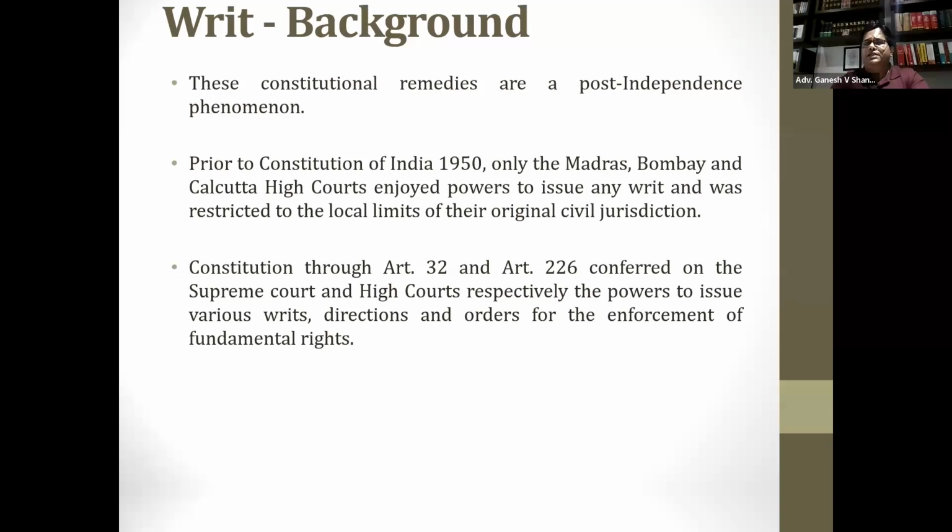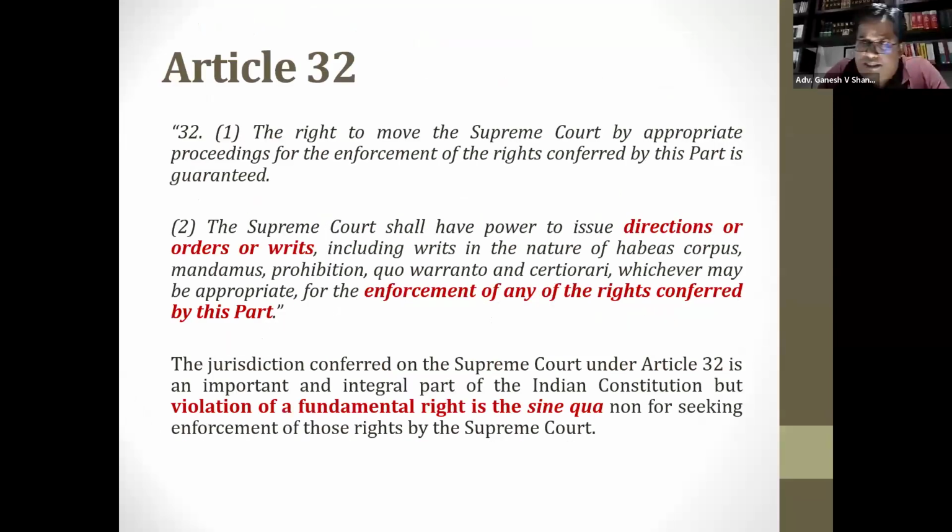Article 32 gives powers to the Supreme Court to issue directions, orders, or writs, apart from the specific five writs, which are habeas corpus, mandamus, prohibition, quo warranto, and certiorari. These are the five specific writs; I will take you through the meaning of each of them.